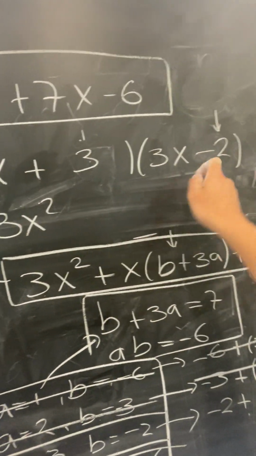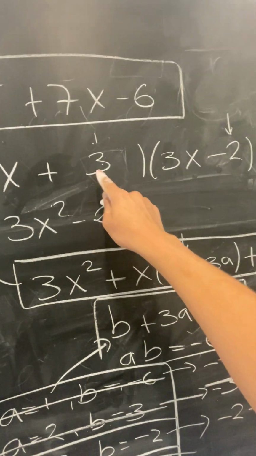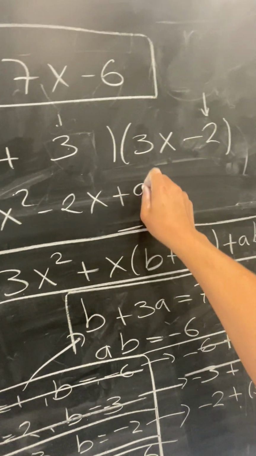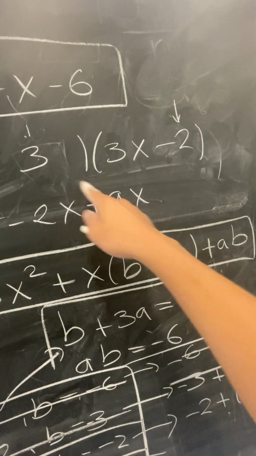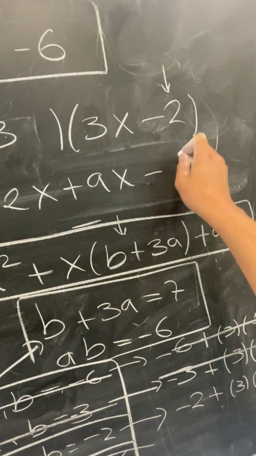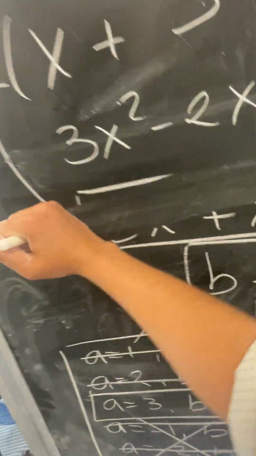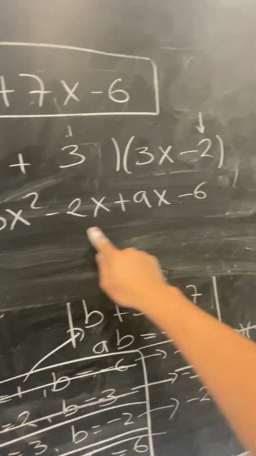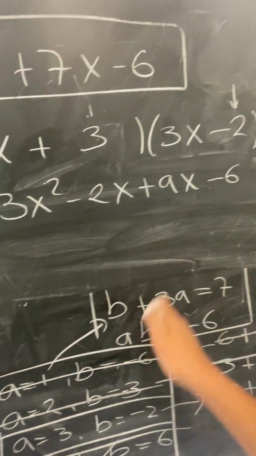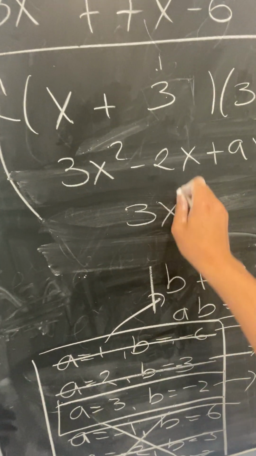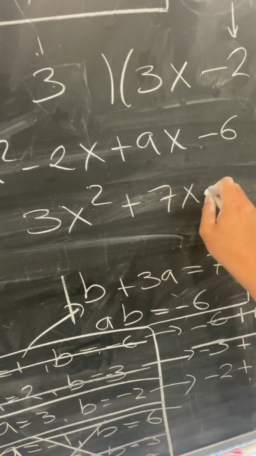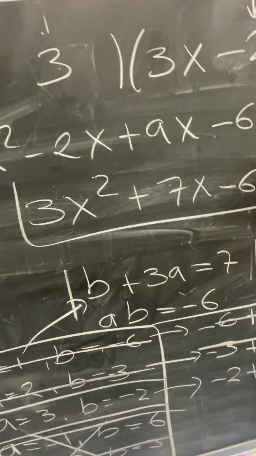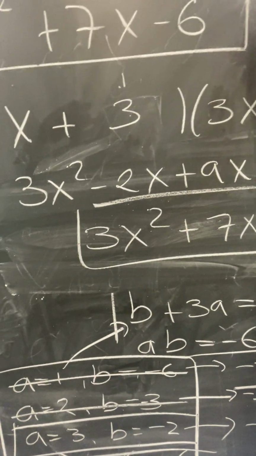Then x times negative 2 gives negative 2x. Then 3 times x gives 3x, and 3 times 3x gives 9x. Then 3 times negative 2 gives negative 6. If we add it all together, negative 2x plus 9x, we have 3x squared plus 7x minus 6. And this is our answer. Let me know if you have any questions.